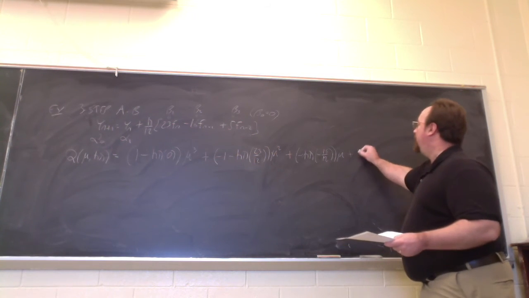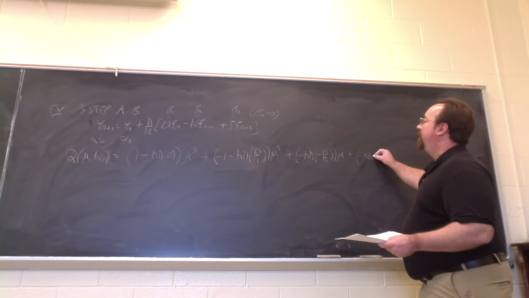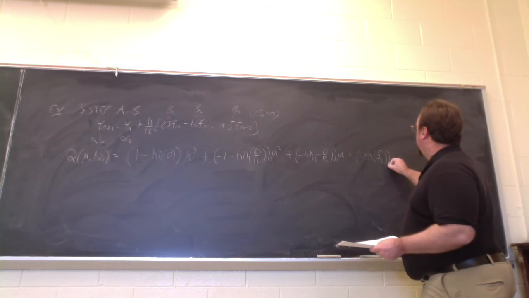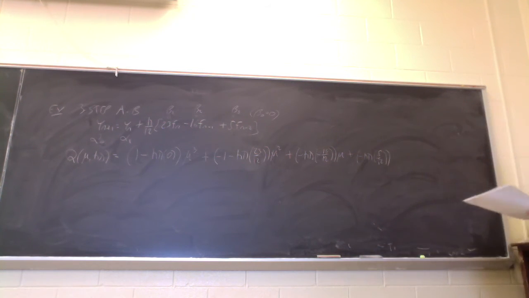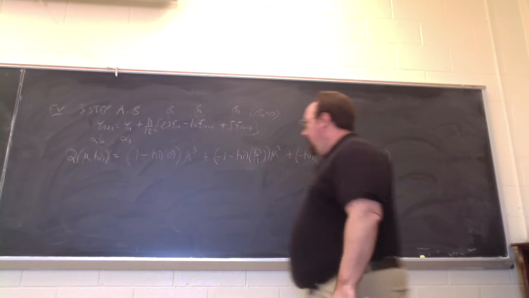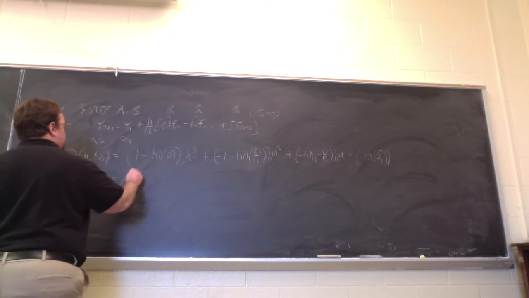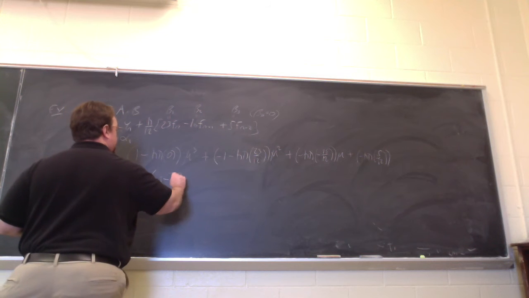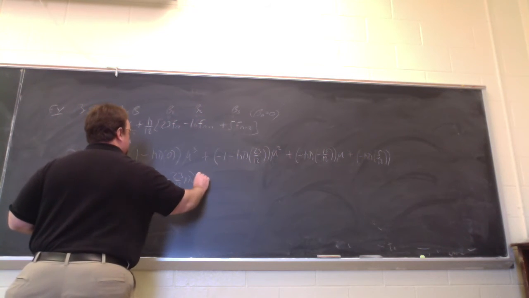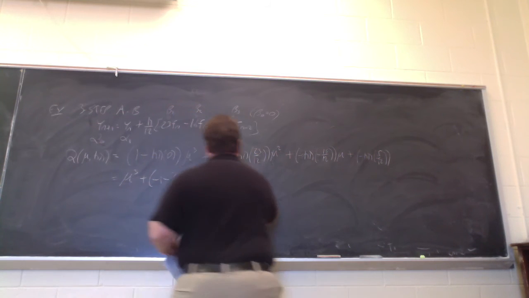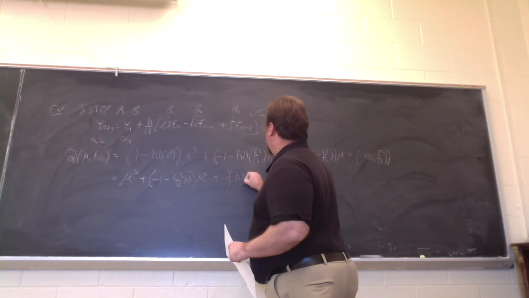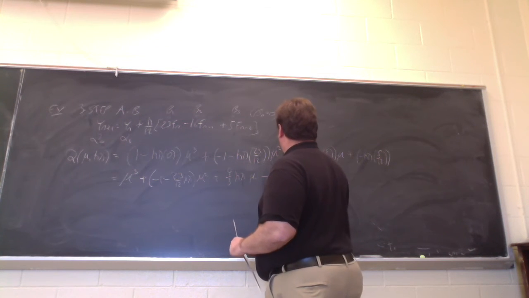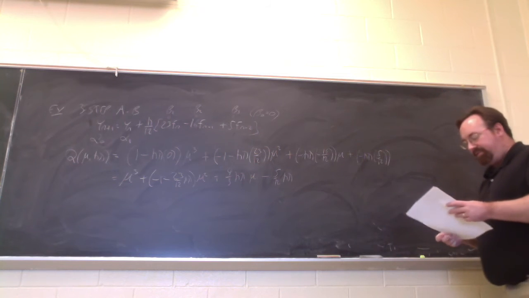And then there's no alpha, so it's minus h lambda 5 over 12 times the constant term. If we simplify all this, we get mu cubed plus minus 1 minus 23 over 12 h lambda mu squared plus 4/3 h lambda mu minus 5/12 h lambda. So that is your stability polynomial.